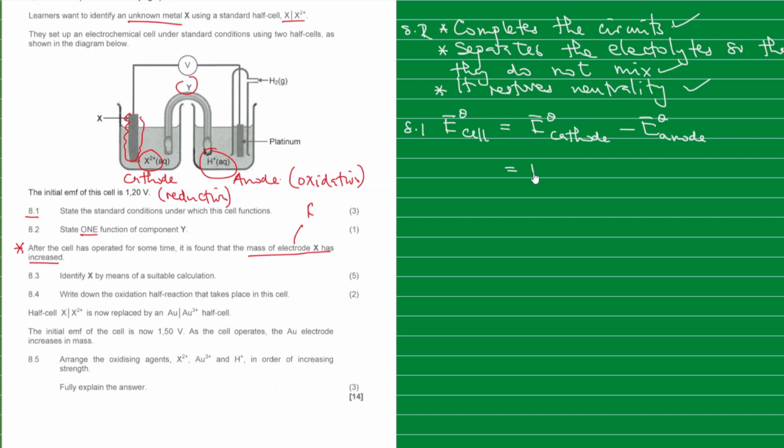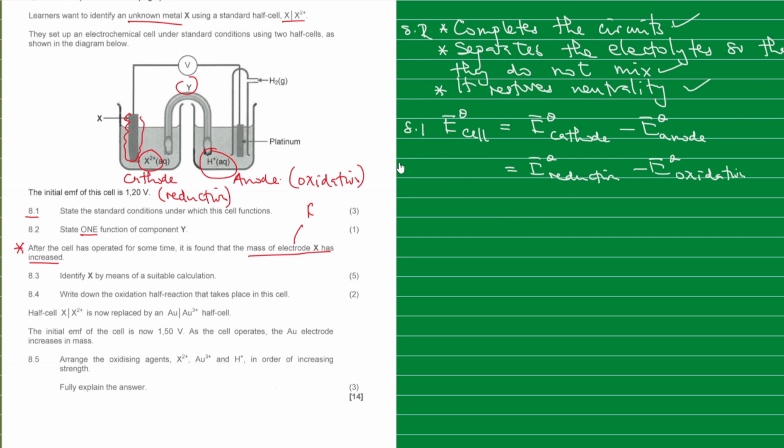Or you can write it as the E standard for the reduction, and the E standard for the oxidation. Now this formula is also given in your data sheet, so you can refer to it if you have forgotten which one subtracts what.